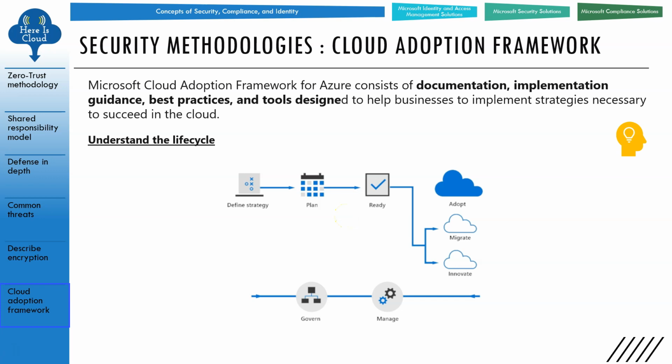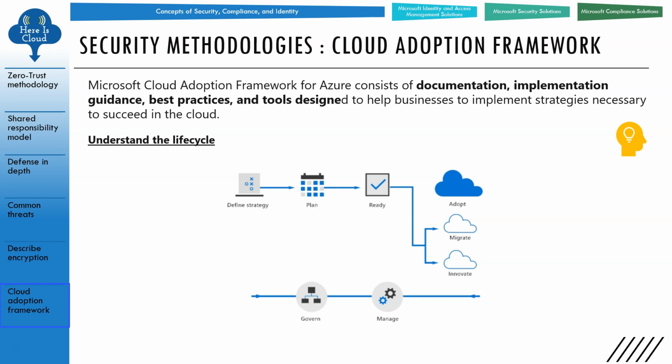Then the next topic in this is about the cloud adoption framework. This is a standard framework Microsoft is using for Azure, which consists of documentation, implementation guidance, best practices, and tools to help businesses implement the strategic necessities to succeed in the cloud.